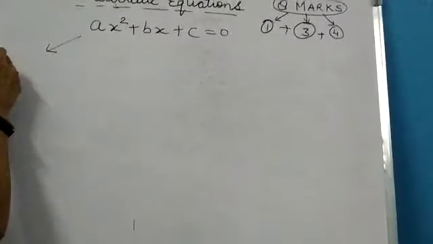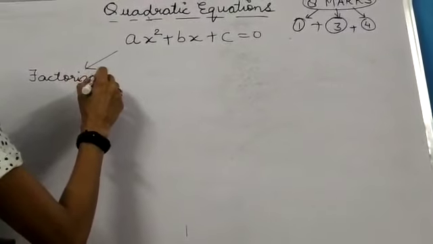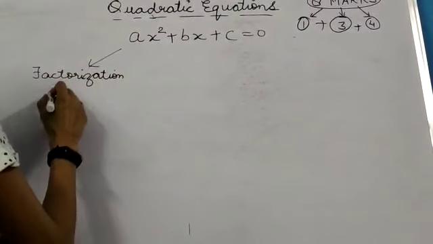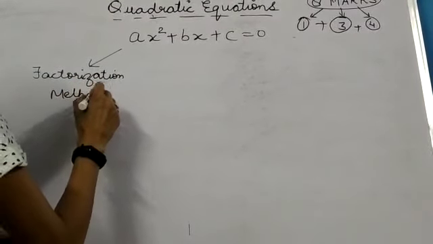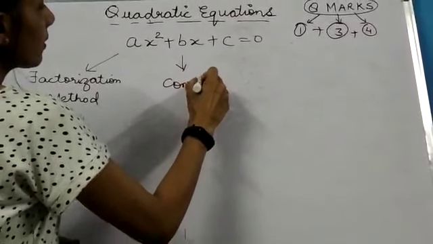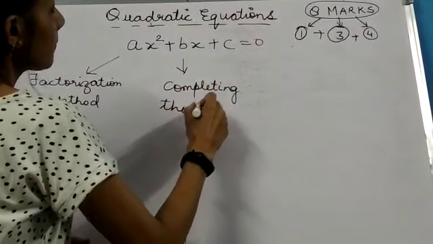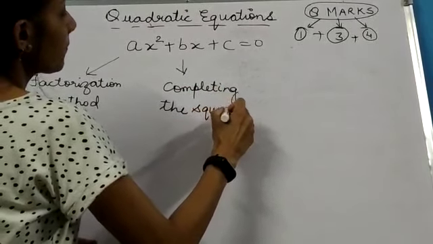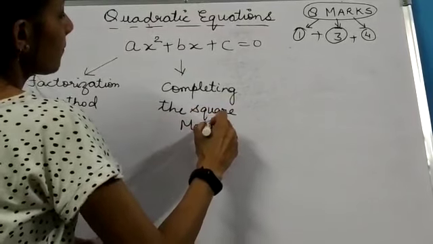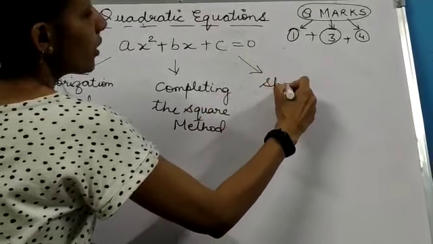One is the factorization method, second is the completing the square method, third is by Sridhar Acharya formula.